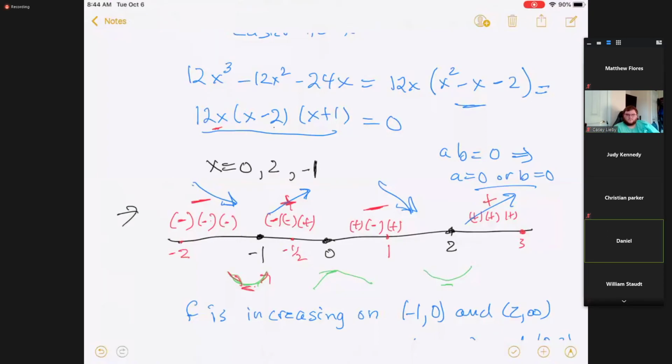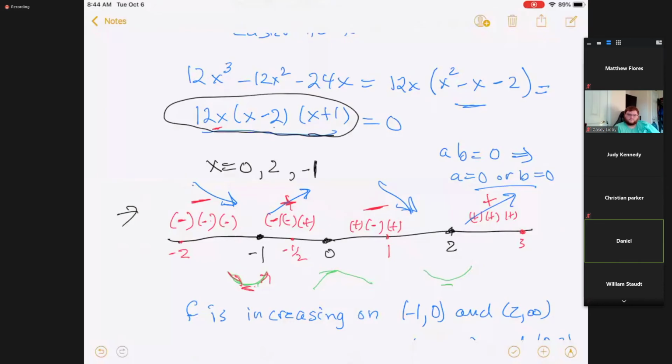Right. So for instance, the first interval was negative, negative, negative. Therefore, it's negative, so therefore, it's decreasing. But what was the math that brought you to all those negatives? I looked at the derivative up right here. I have it written as a product, and I know that when I have a product of things equal to 0, one of those things has to be 0.